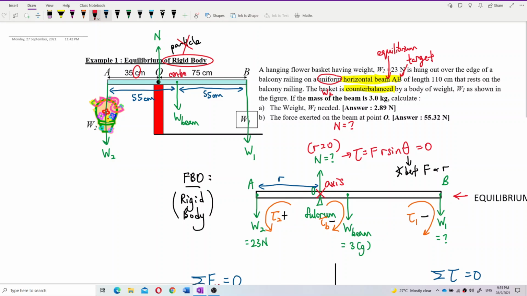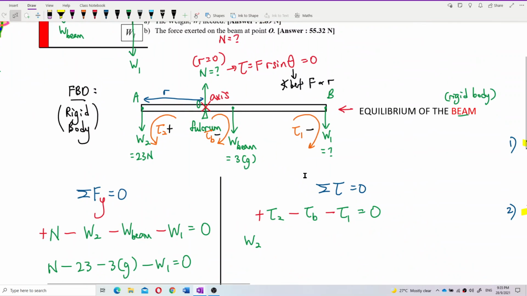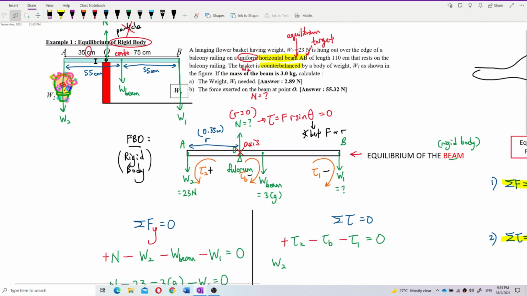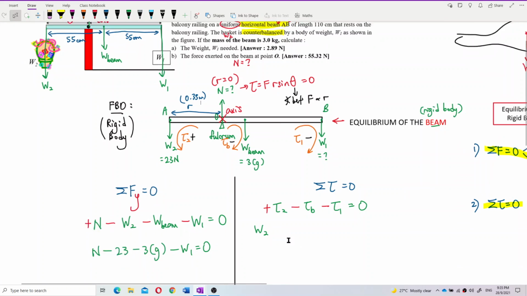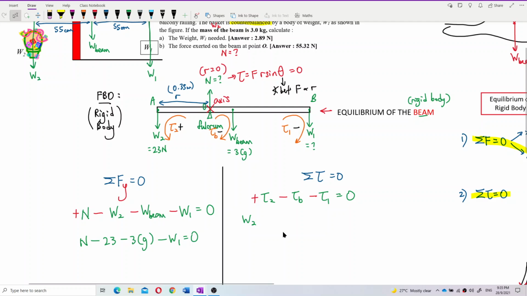Centimeter, change to meter. So divide by 100. Divide by 100 is 0.35 meter. Understand? 0.35 meter. So okay, let's write it down. So this is distance 0.35. Okay, and then sine theta.